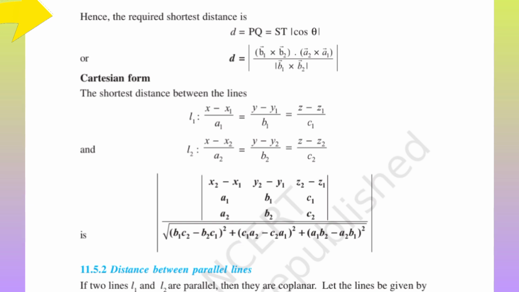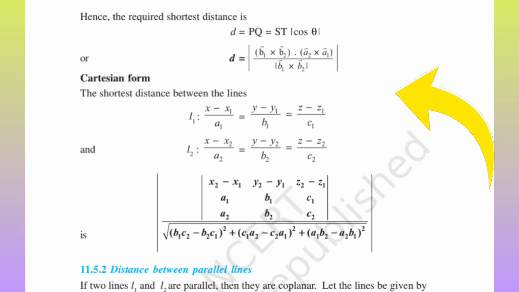Hence, the required shortest distance is d is equal to PQ is equal to ST cos theta. d is equal to the modulus of (b1 vector cross b2 vector) dot (a2 minus a1 vector) divided by the modulus of b1 cross b2.